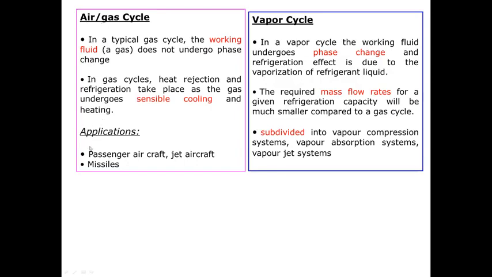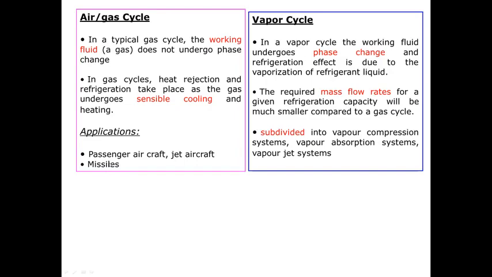And these air or gas cycles are adopted in passenger aircraft, because you already know that at very high altitude the temperature is already below zero, like -5 degrees centigrade, -10 degrees centigrade. So we can utilize that cold air for producing the air conditioning process inside the passenger aircraft, and similarly for jet aircraft. And in the case of missiles, space travel missions or satellites, before we launch into space, we artificially generate satellites on the ground, and we try to operate that satellite.